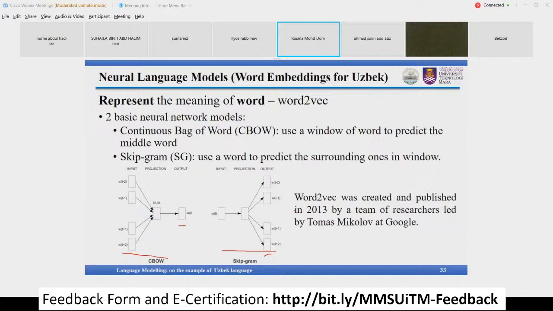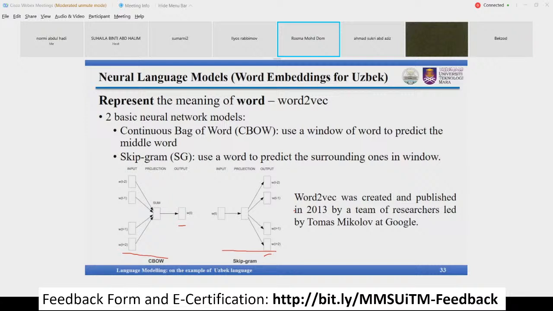Yes, you are right. Can I ask one question, Dr. Ilyos? Here, CBOW and skipgram are very simple neural network models, right? You have one layer. Probably, if we use more hidden layers, do you think it will increase the accuracy? Here, you have only one hidden layer for each network.